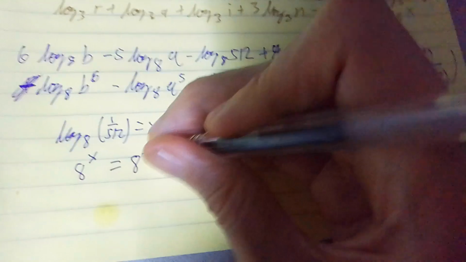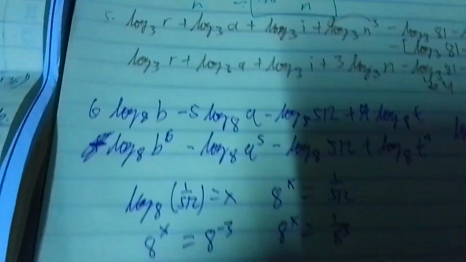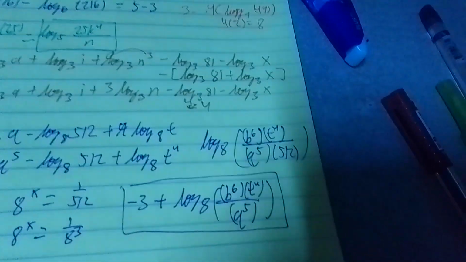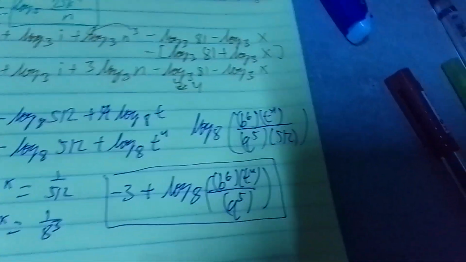Because, remember, log base 8 of 1 over 512, translate this into an exponential equation: 8 raised to what power gives you 1 over 512? Applying solving for exponential functions, and this becomes 1 over 8 cubed. Tama, that's 8 raised to the negative 3.